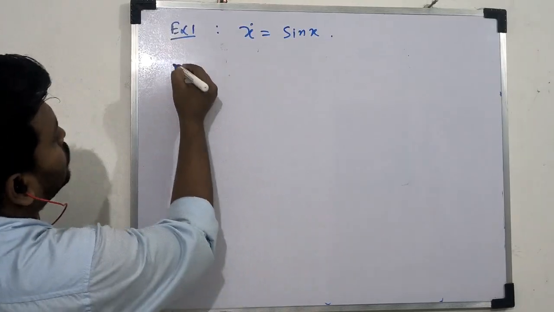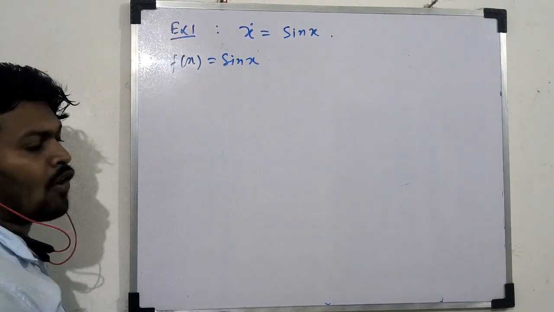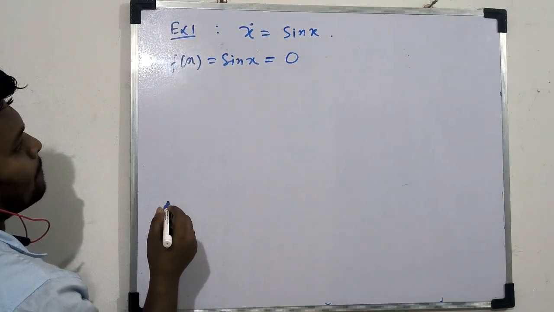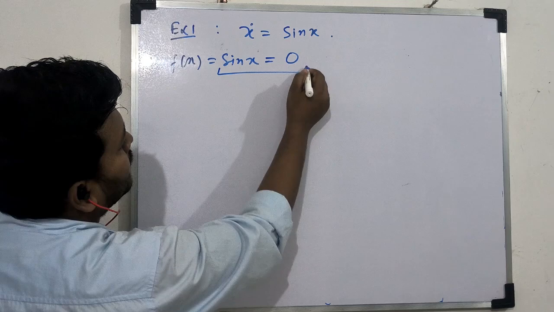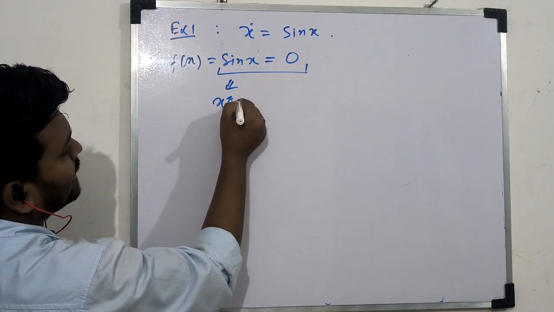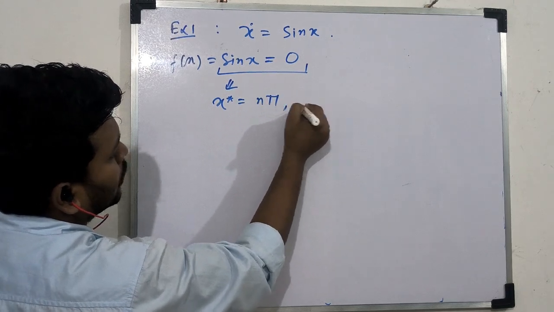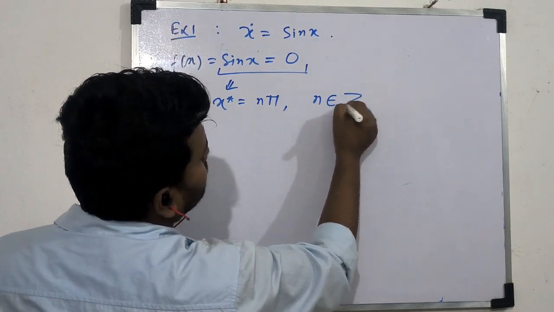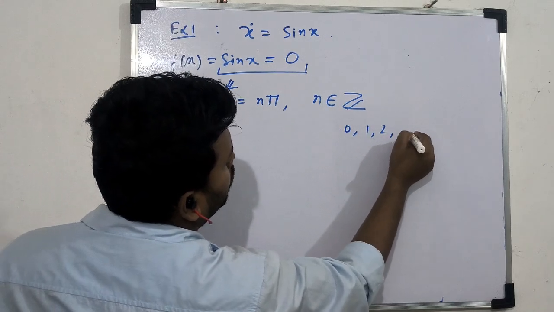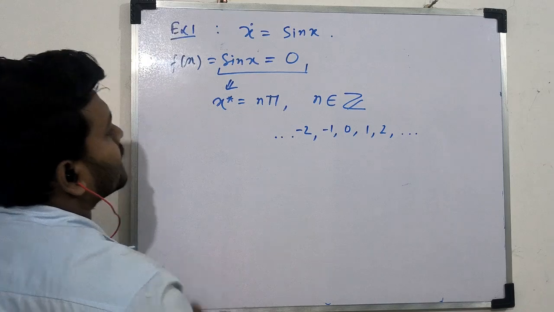Here f of x is sin x, and for a fixed point or equilibrium point we have to take f of x equal to 0, and from this we get the equilibrium points x star equal to n pi, where n is an integer, that is 0, 1, 2, and so on, and also minus 1, minus 2, and so on.